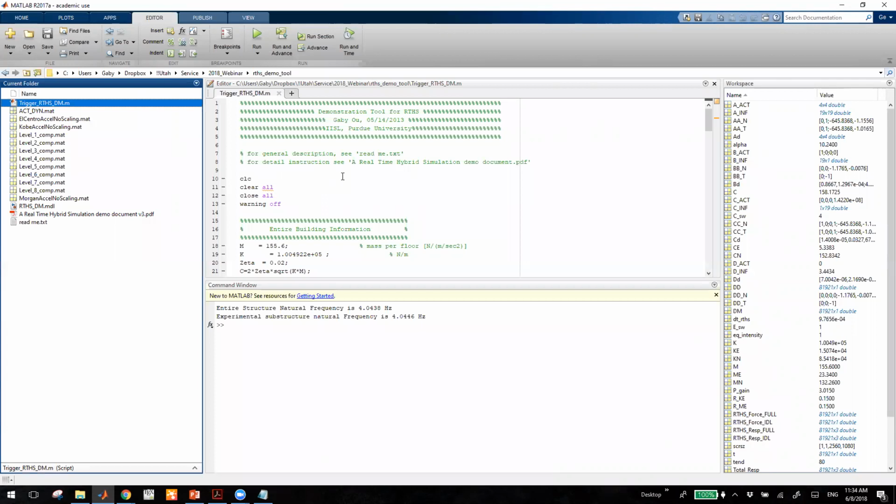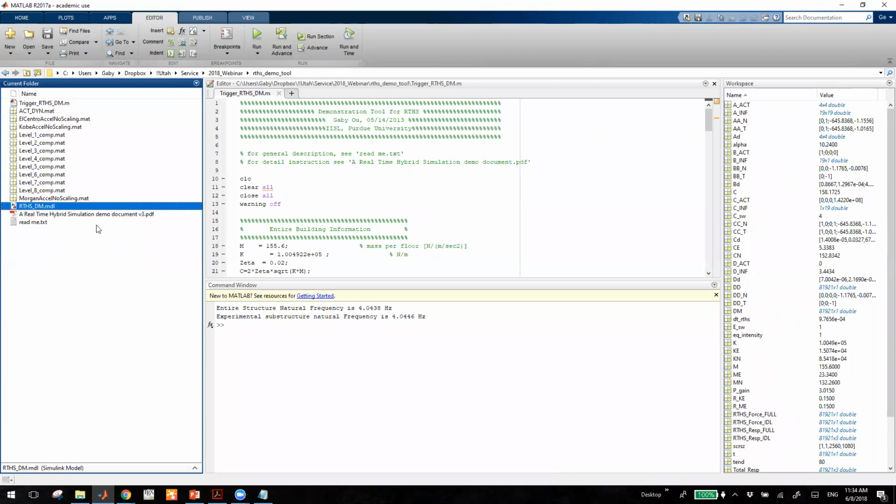And then you are going to have a set of .mat files, and level 1 to 8 is the different compensation for actuator controller, and you have different earthquake records, and you have a mat file for actuator dynamics.